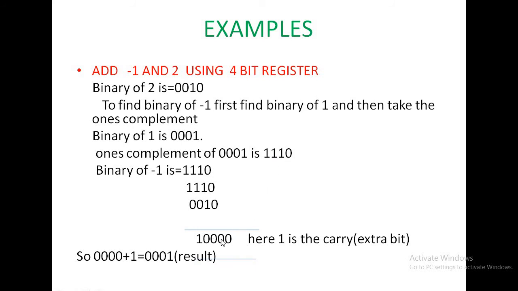If the result is 5-bit, the MSB, the leftmost bit, is known as the carry bit, the extra bit. So this one is known as carry. That means the result has some carry.